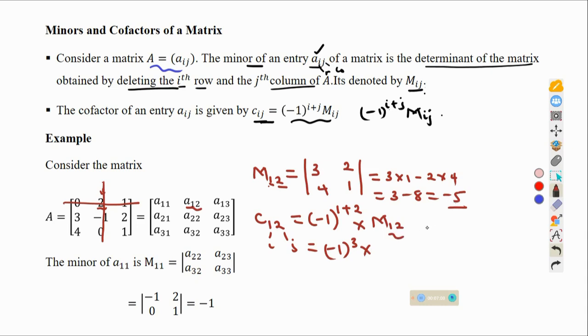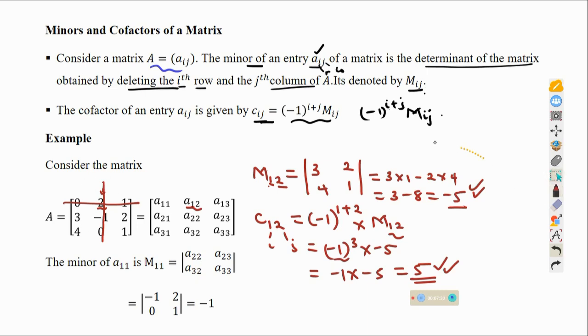But you have already got m1, 2 as negative 5. So negative 1 to the power 3 is negative 1 times negative 5, which will give us positive 5. So this will be the cofactor of 1, 2, and this was the minor of 1, 2. So remember, we shall do this for all the entries here.